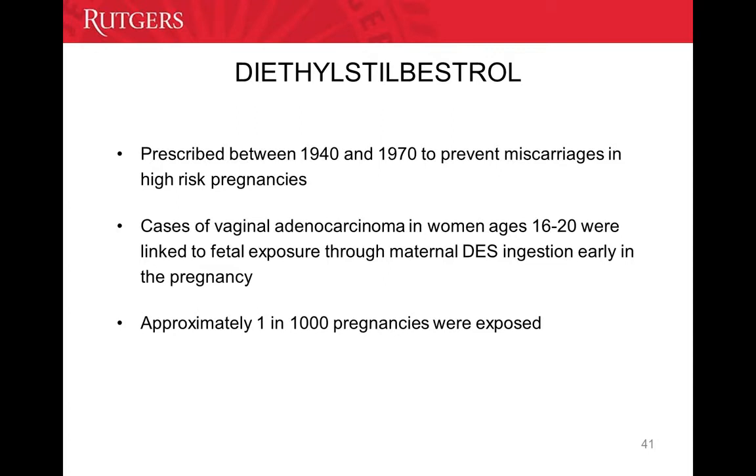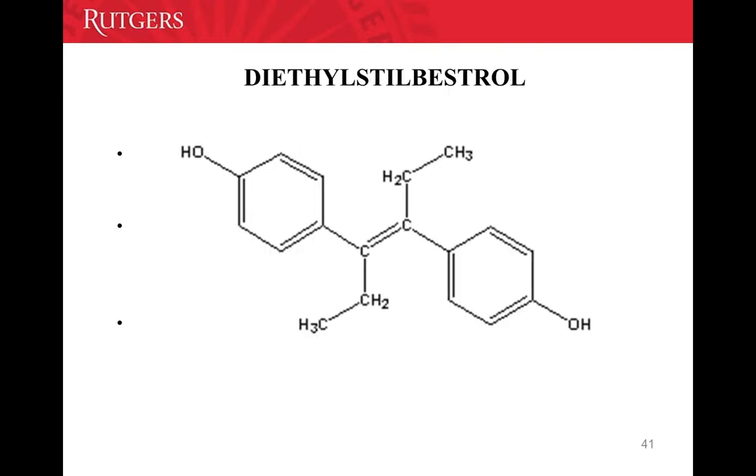And that was linked back to their fetal exposure to diethylstilbestrol. It is guessed that maybe 1 in every 1,000 pregnancies in that time window were exposed to DES because it was so widely prescribed. And here is the structure of DES, in case you ever wondered.